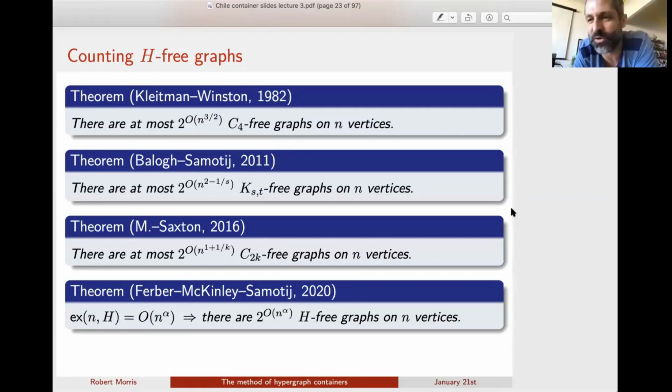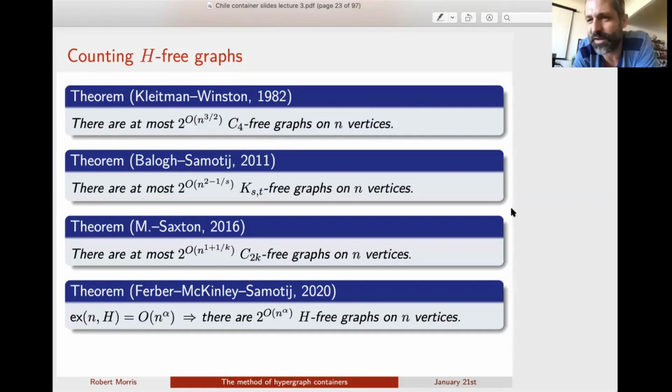So if it's true that the extremal number is of order n to the alpha for some alpha, then they prove the conjecture. It's thought that every bipartite graph has an extremal number of this form, but it's not known.